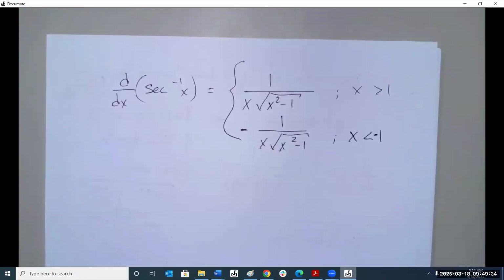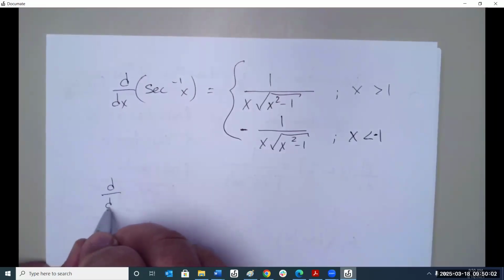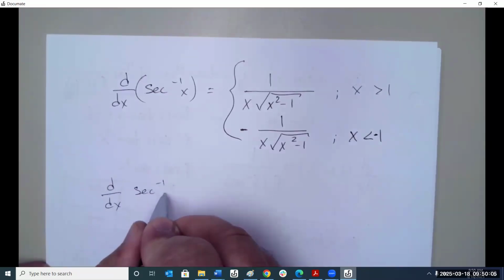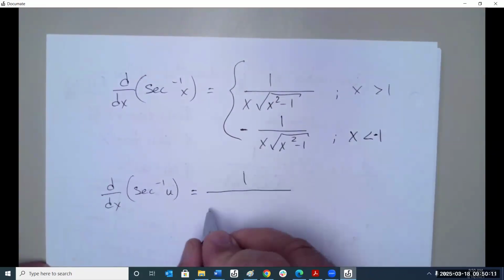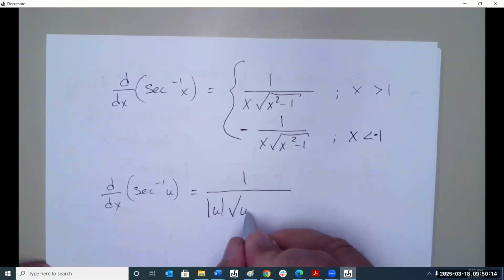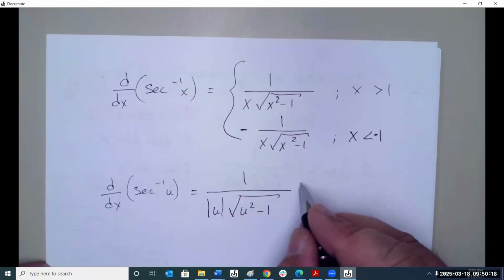Remember, between negative 1 and 1, the secant and cosecant don't exist. They're shifted off pi over 2 units. And the formula for inverse secant is equal to 1 over absolute value of u, square root of u squared minus 1, du dx.